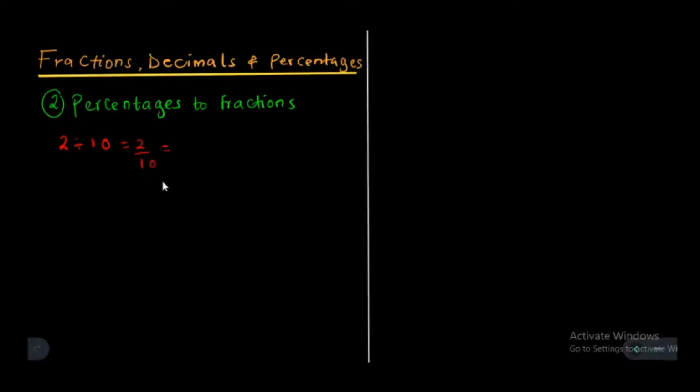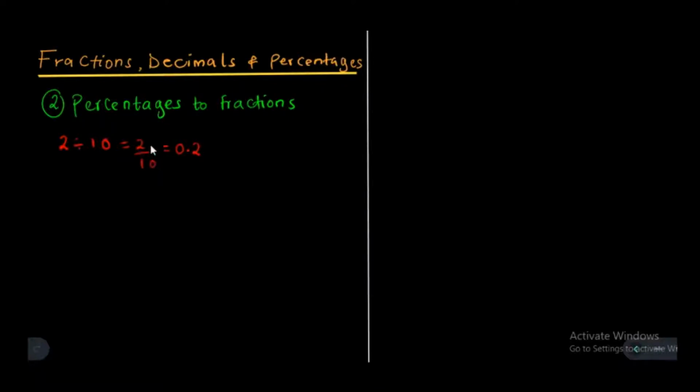When you're dividing any number by powers of 10, that introduces a decimal to that number. Our numerator has only one digit, so that's the digit that will be after the decimal. So I'll write that as 0.2.